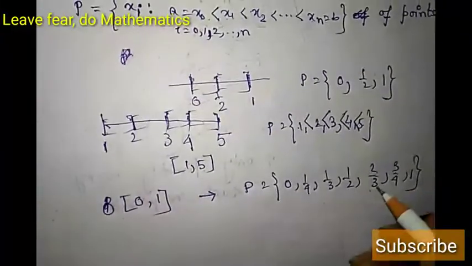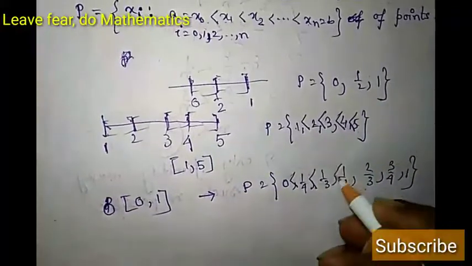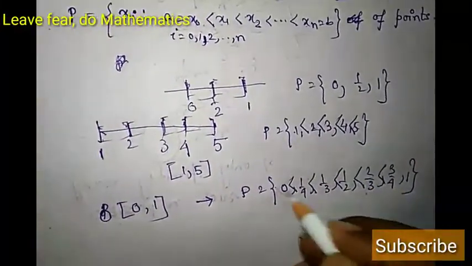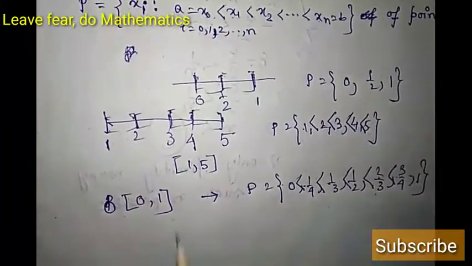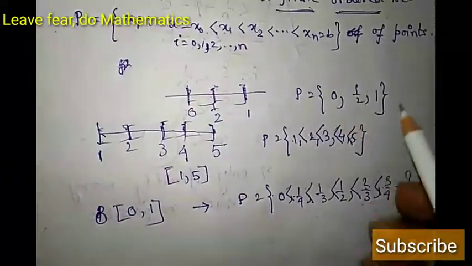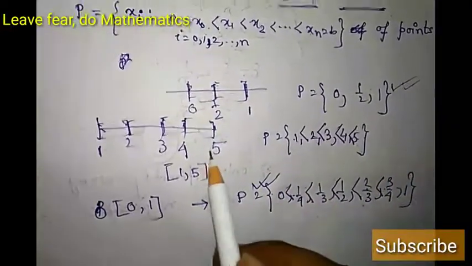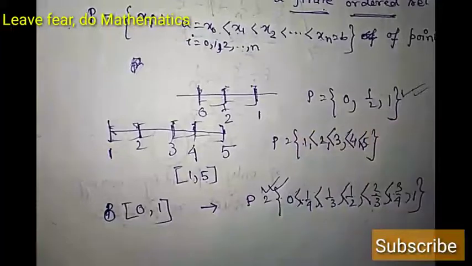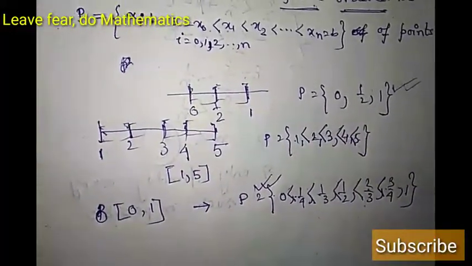This set also maintains the order, and it has 7 points, so it is a finite set. So this is also a partition of the closed interval 0 1. Here we had one partition and here we have another partition. So it is not necessary that an interval has only one partition. There can be many types of partition, as many ways as we can think of.